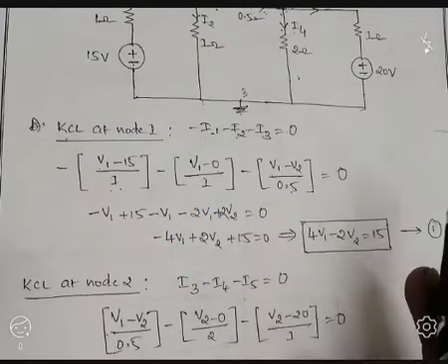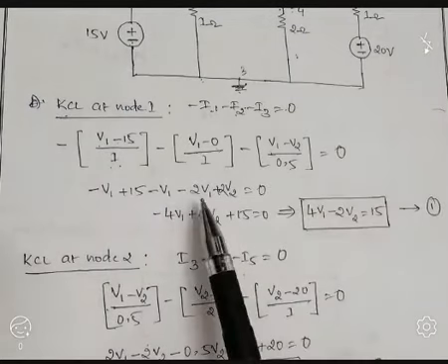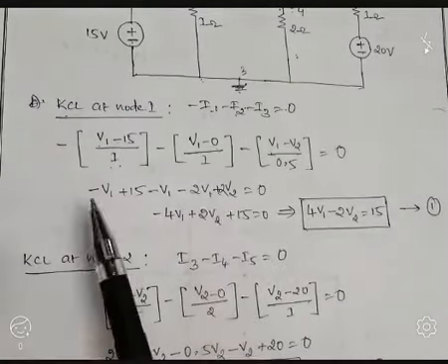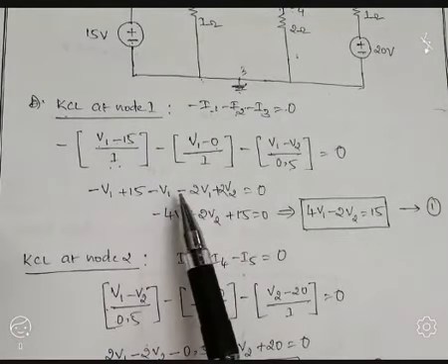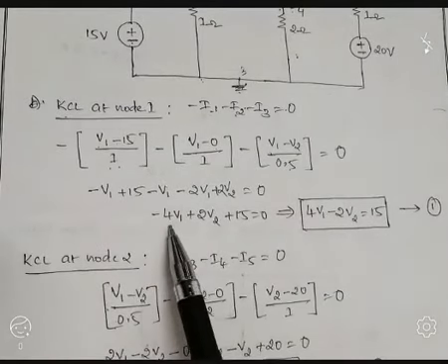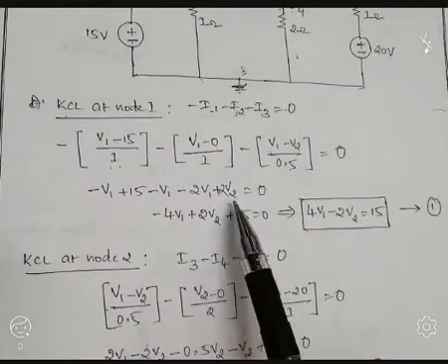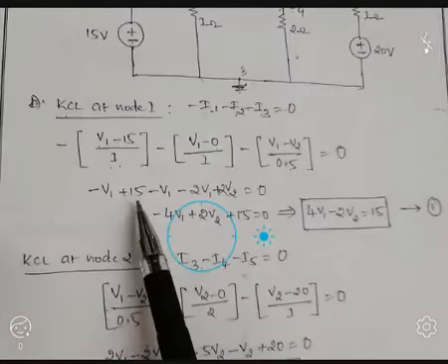Let us take the coefficients of V1 first. The coefficients of V1 are minus 1, minus 1, and minus 2, so minus 1, minus 1, minus 2 gives minus 4V1. Then the coefficients of V2: only one term, 2V2. Plus 15 as it is, equal to 0.